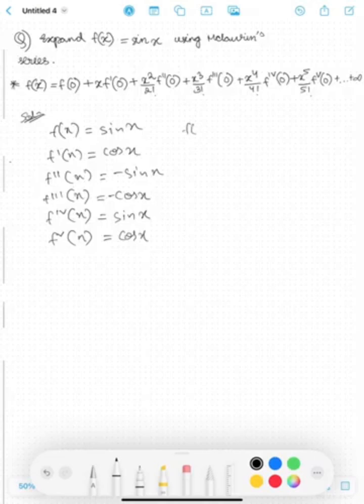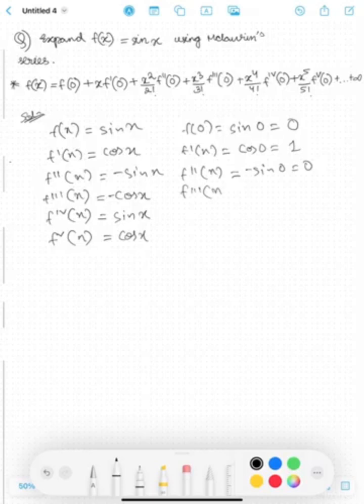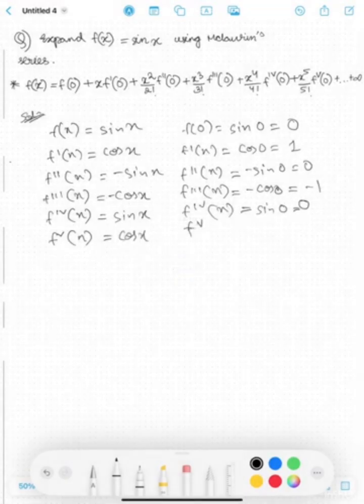So let us find out the f(0) terms. So f(0), that is sin 0, is equal to 0, and f'(0), that is cos 0, is equal to 1. f''(0), that is minus sin 0, will be equal to 0 again, f'''(0) will be equal to minus cos 0, which will be equal to minus 1, the fourth derivative is equal to sin 0, which will be equal to 0 again, and the fifth derivative should be equal to cos 0, which should be equal to 1 again.